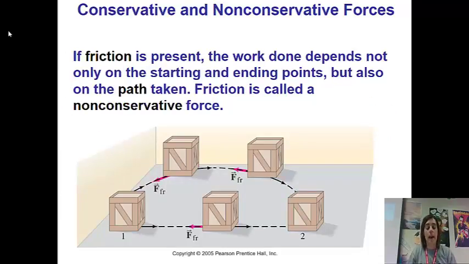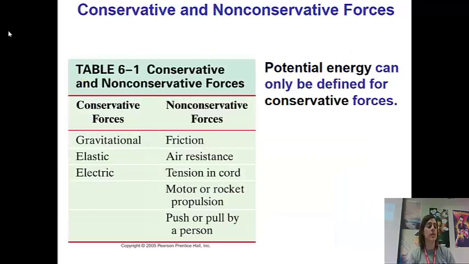If we were to take the lower path, we're going to have less distance over which friction is acting, so there's less energy loss to the system. Whereas when you look at the second path, the upper path in the picture, this distance does matter, and so we have to take that into account.